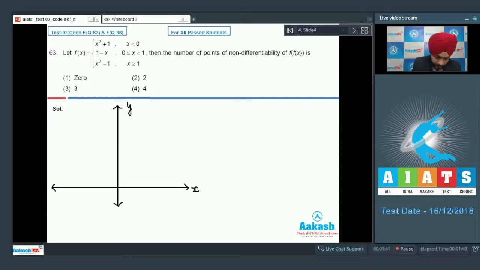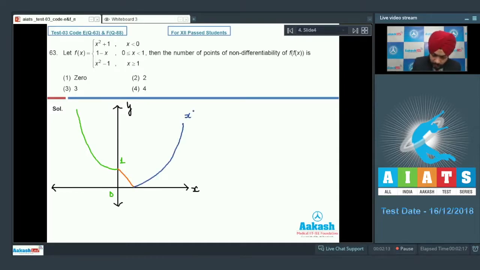X-axis, y-axis, x square plus 1 when x is negative, so something like this. This point is 0, 1, so 0, this is 1. Then the definition is 1 minus x, a line with negative slope. This is the line. Green curve is open at 0, this line is open at 1, and the last curve, let us put it in blue color, will be something like this, x square minus 1.